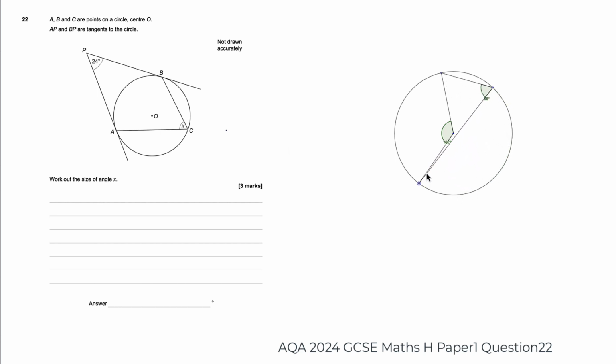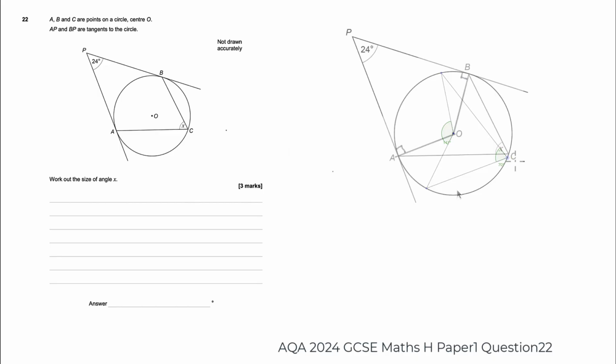So that's a result that we're going to use in this question, that the angle at the circumference is 1/2 the angle at the centre, or the angle at the centre is twice the angle at the circumference, provided they're sitting on the same 2 points there.